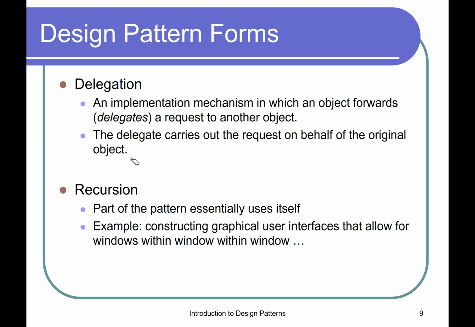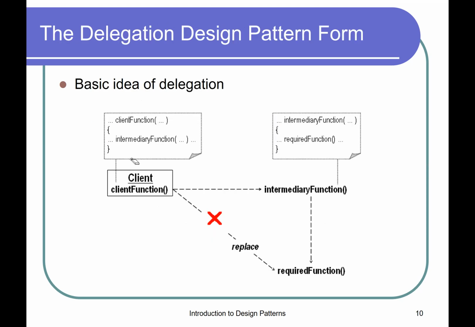The engine of recursion contains the engine of delegation. So the basic idea of delegation is very simple. We don't want the client itself to be dealing with the specific class that does the actual solution. We want to go through some sort of a medium, a delegate, and it basically receives the call and forwards it to the concrete class.